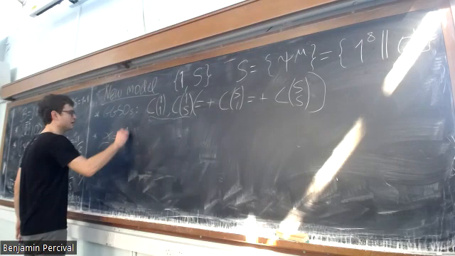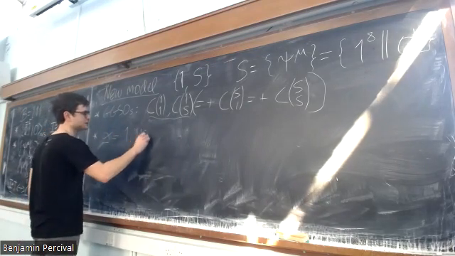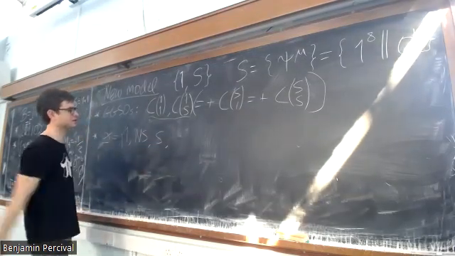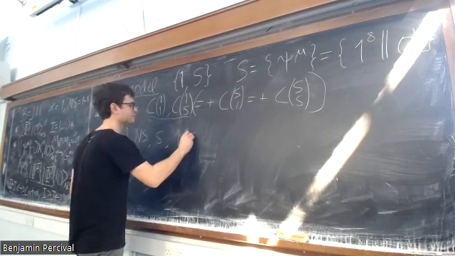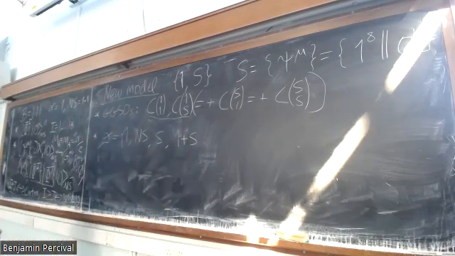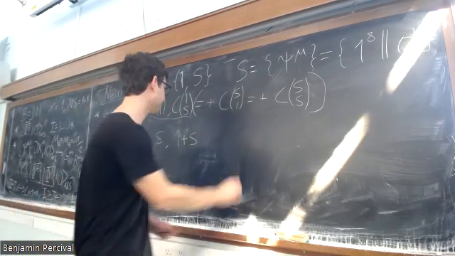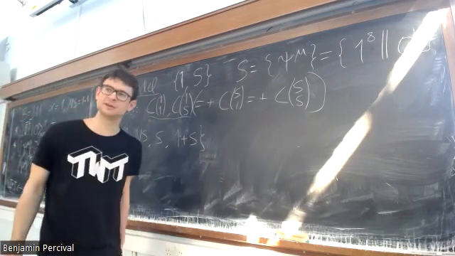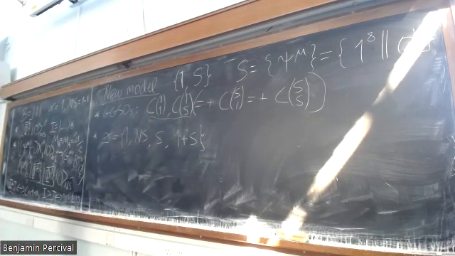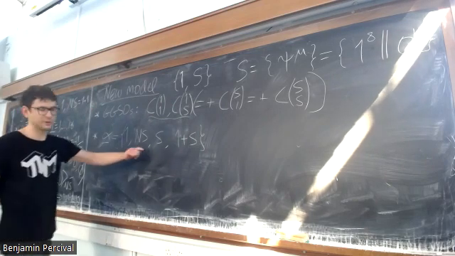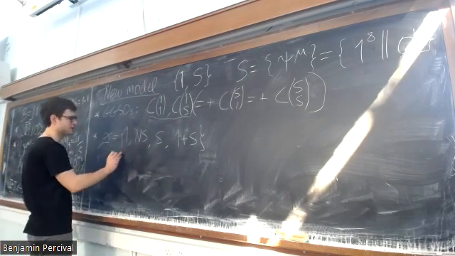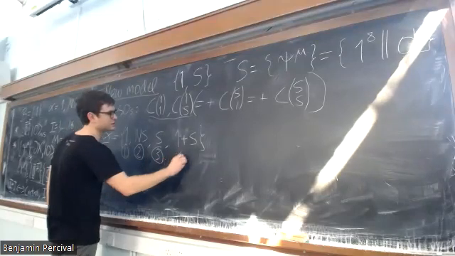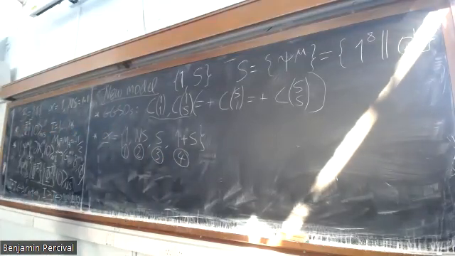Now we've got 1, we've got NS, which is 1 plus 1, but then we've also got S, and we've also got 1 plus S. I think that's it. Does that make sense? We now have to do this one by one. We have 4 parts, so I'll call this 1, this 2, this 3, this 4.